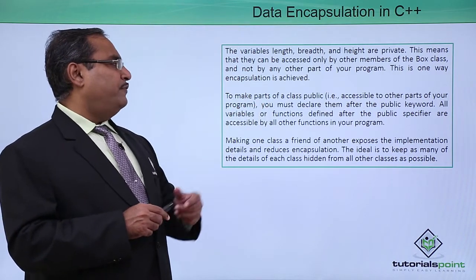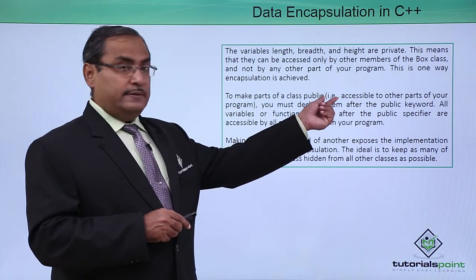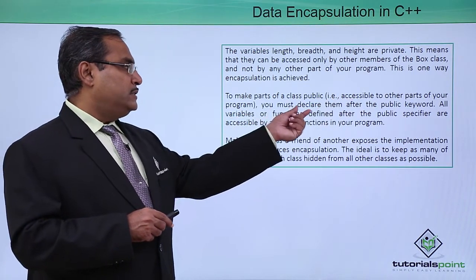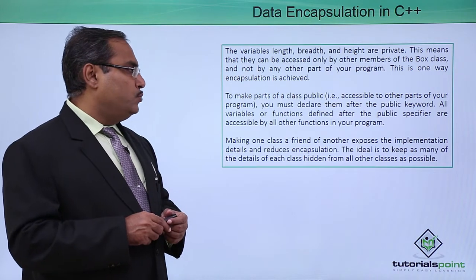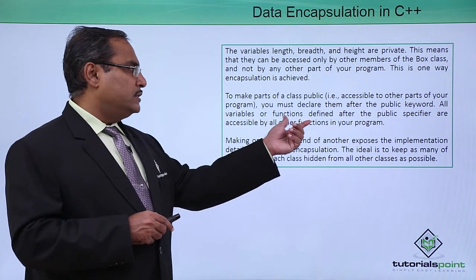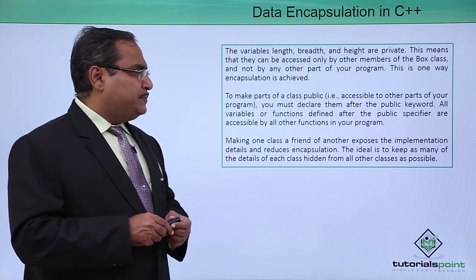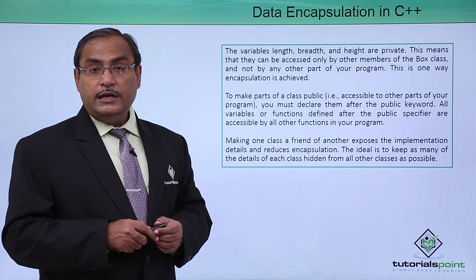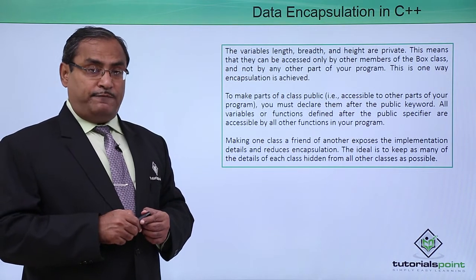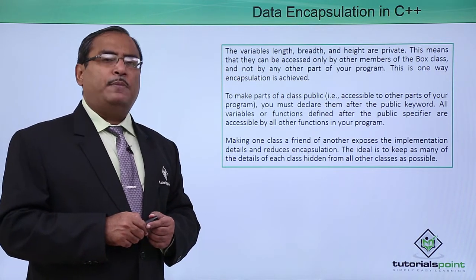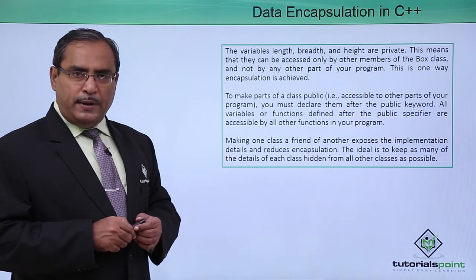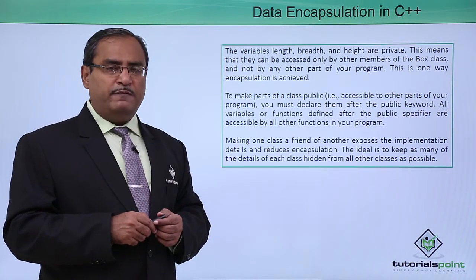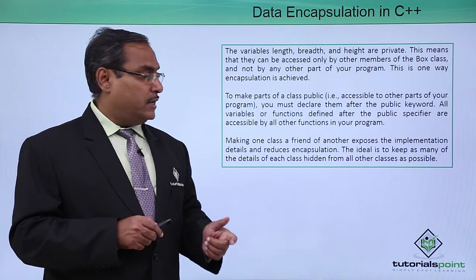To make parts of a class public, that is accessible from other parts of your program, you must declare them after the public keyword, and all variables or functions defined after the public specifier are accessible by all other functions in your program. A member function, irrespective of whether it is under public, private or protected, can access all other member functions and member variables defined under the same class.